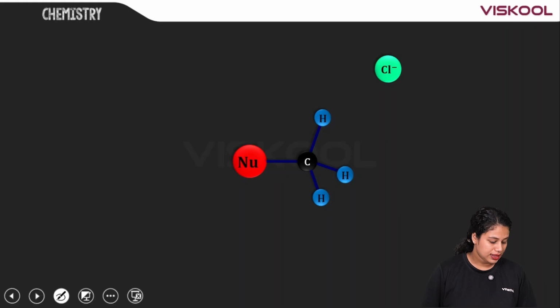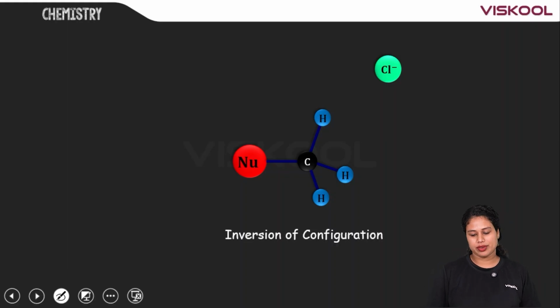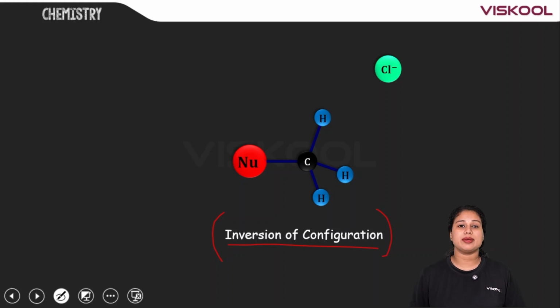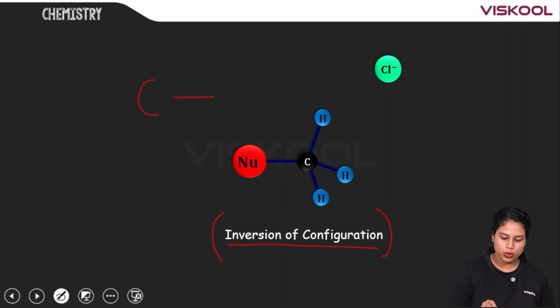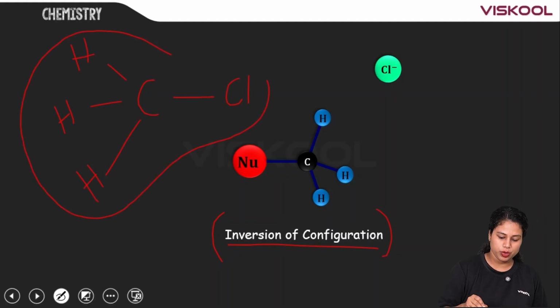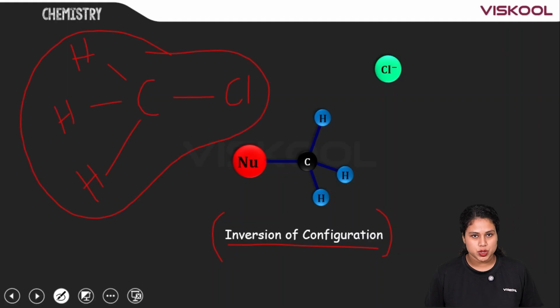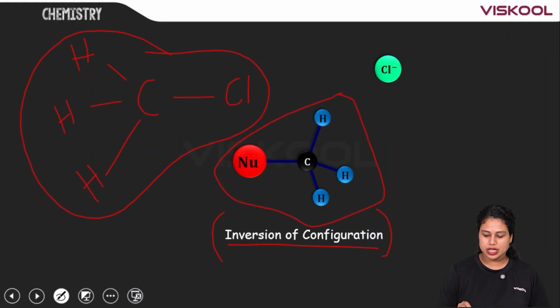So this is how the reaction mechanism of the substitution nucleophilic bimolecular reaction takes place, and here there takes place an inversion of configuration. Our alkyl halide was like this: Cl, H, H, H. After undergoing the nucleophilic substitution reaction, there takes place an inversion in the configuration.